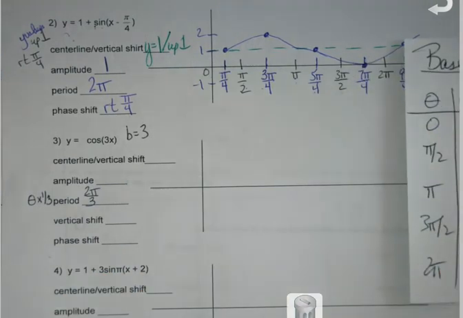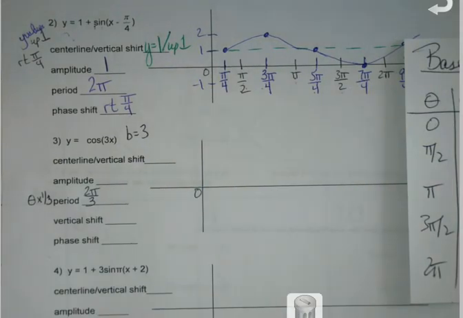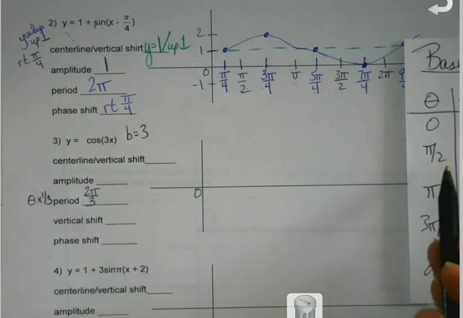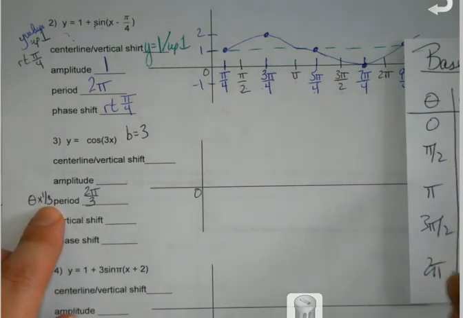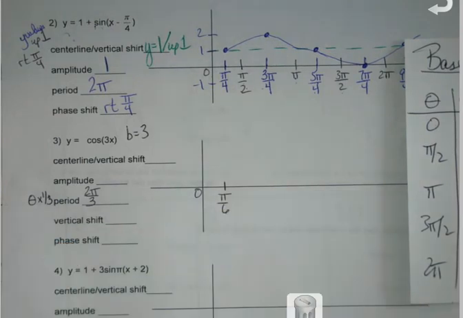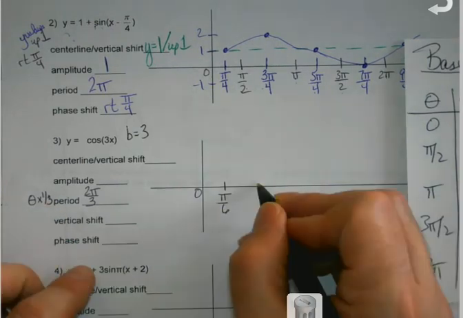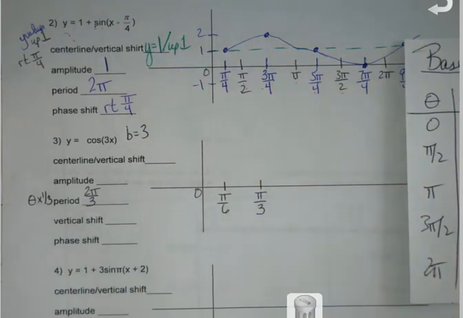Okay. So if I'm at 0, and I multiply it by a third, that's still going to be at 0. So my first one's not going to move. Pi over 2 times 1/3. Basically, you're just multiplying the denominator by 3. So I've got pi over 6. 1/3 times pi is pi over 3.